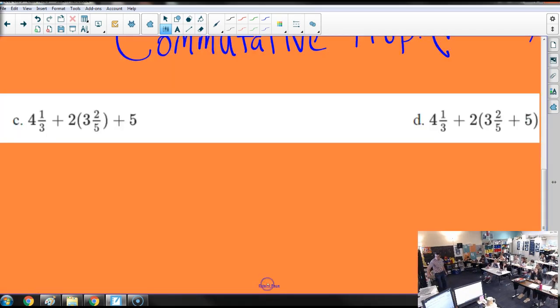Now in CD, does that just move numbers around? Who can talk about is CD the same as AB or is it different?